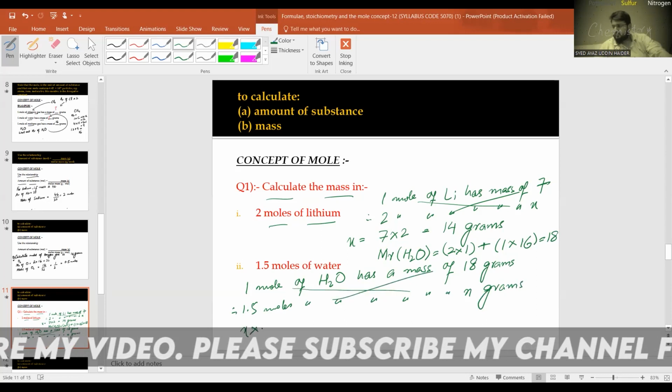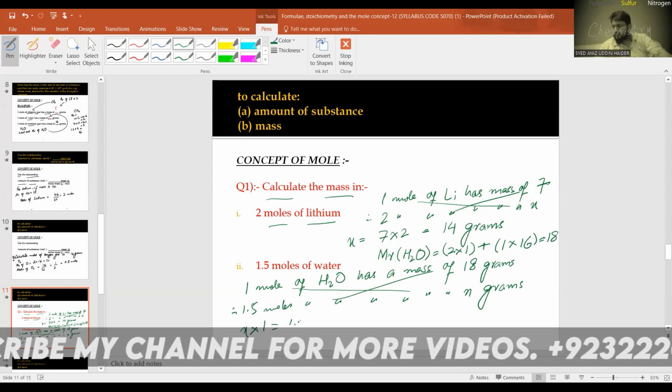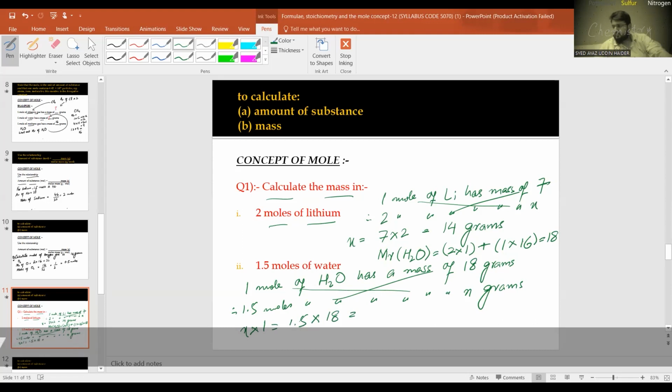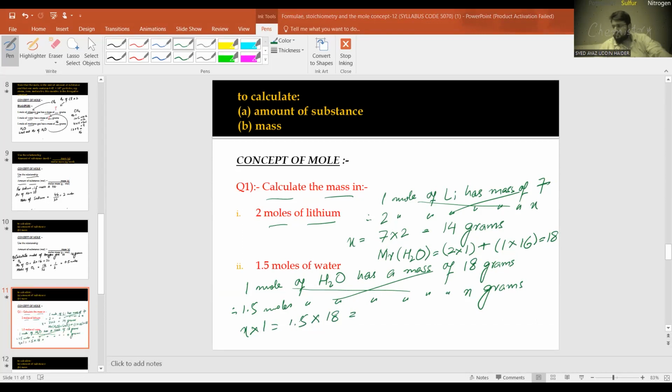X multiplied by 1 is equal to 1.5 multiplied by 18. 1.5 multiplied by 18, you'll get 27. 27 grams will be the final answer.